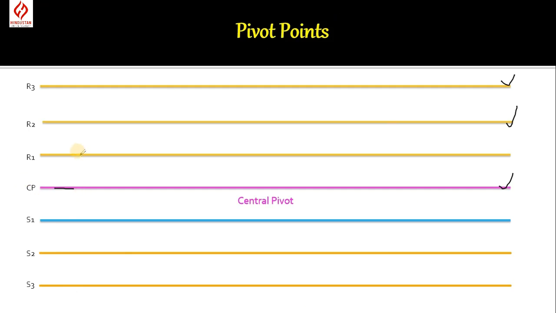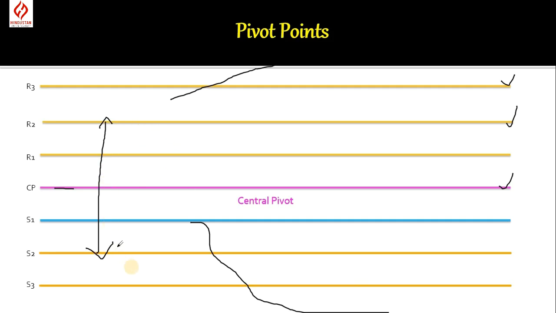And the majority of the time, the market moves between the R2 pivot and the S2 pivot. It moves within this range only, and very rarely it can break R3, R4. If there is some good news in the market, it will break R3, R4, and if there is very bad news about the stock in the market, obviously it will break S3, S4 like that.